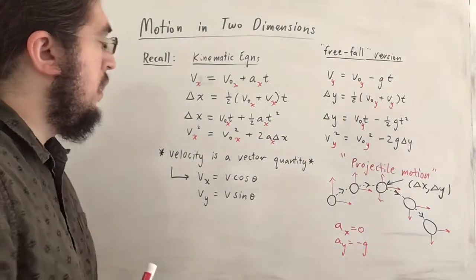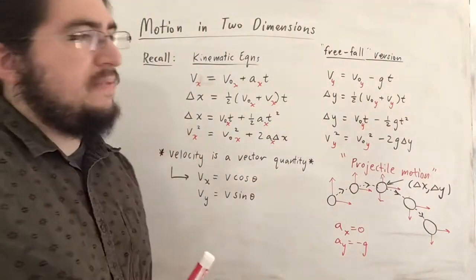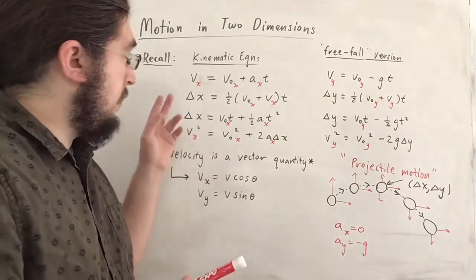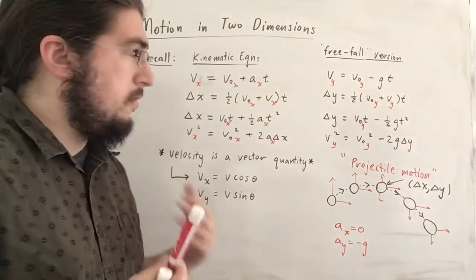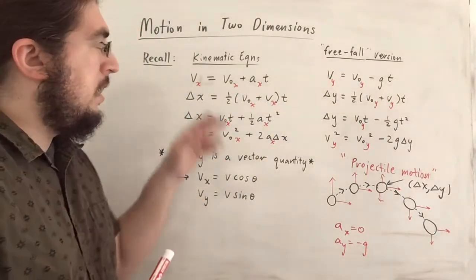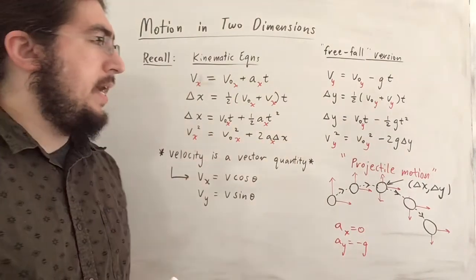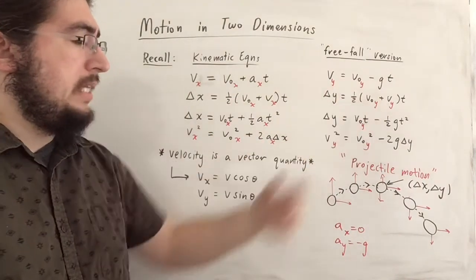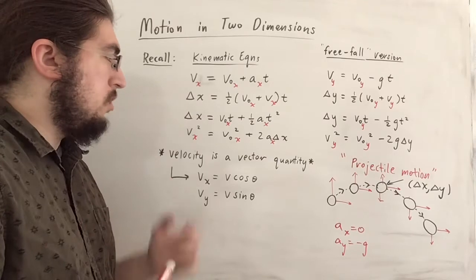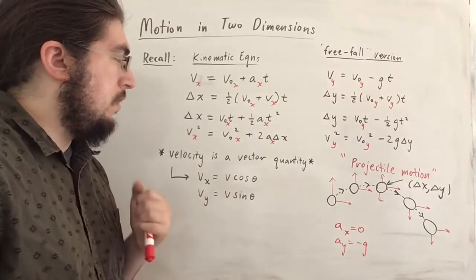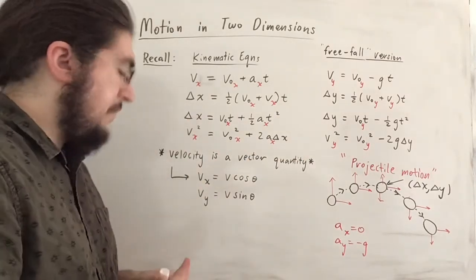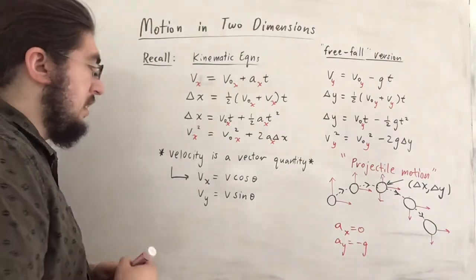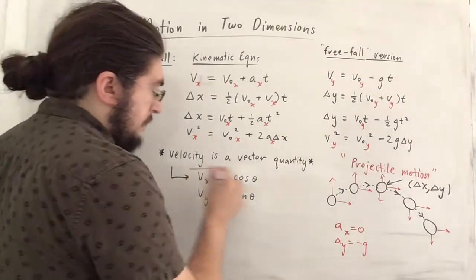So yes, velocity is a vector quantity, but so is displacement, like delta x and delta y are those components for displacement. Ax and ay, here written as negative g, are the horizontal and vertical components for acceleration respectively. But specifically for velocity, this will come into play a lot.